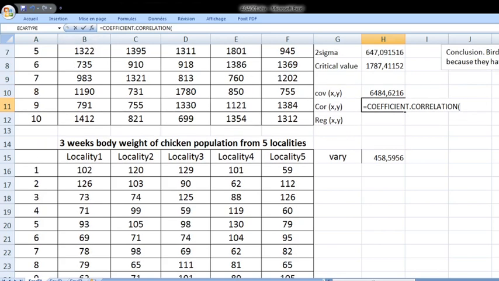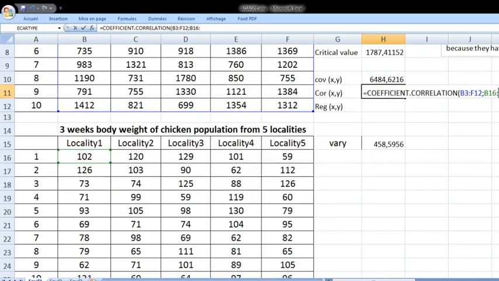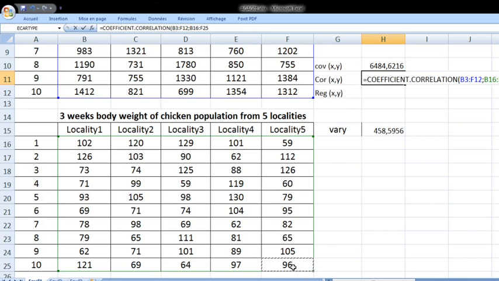So B3 for the first data range, semicolon, then F12, and then semicolon, second data range, colon, and then I close it, and now I have my correlation coefficient.